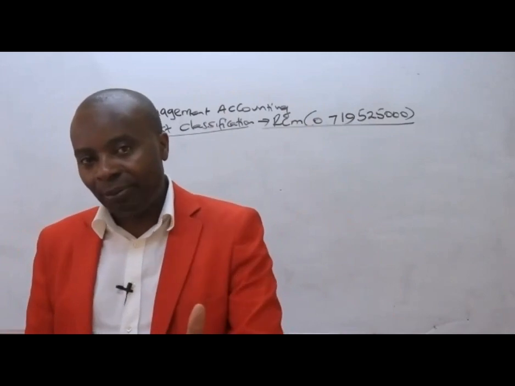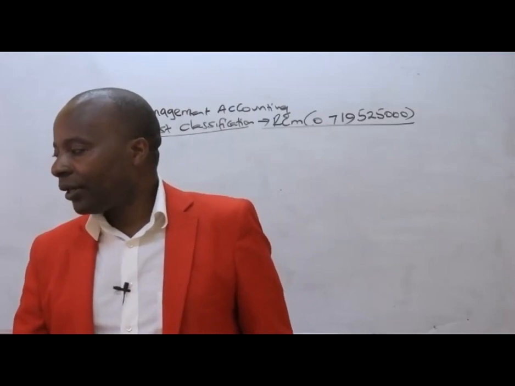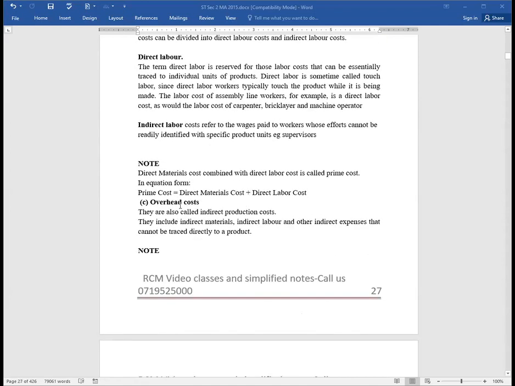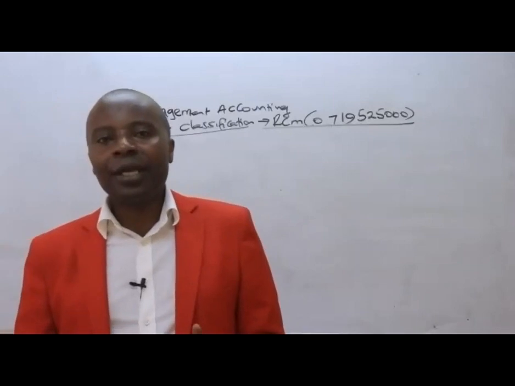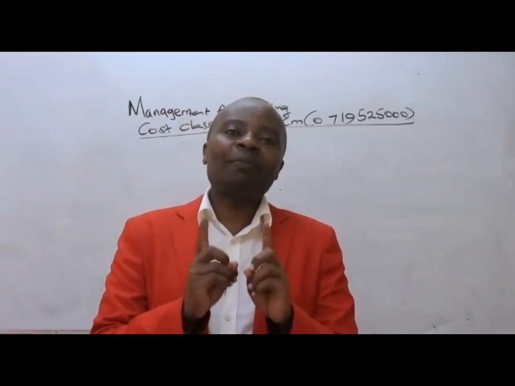So for manufacturing cost, we're giving examples: we have direct materials, we have direct labor, and then we have a particular concept of overhead here. But before this, I would want you to appreciate one thing: when we talk of prime cost, or primary cost, we are looking at all the direct expenses. Prime cost will be the direct expenses which are attributable to our manufacturing process.